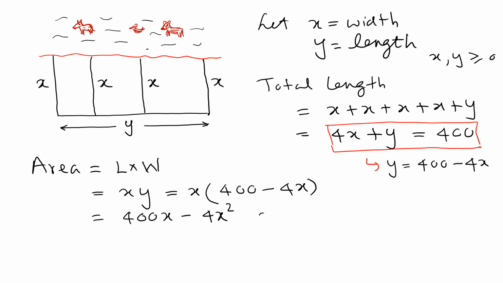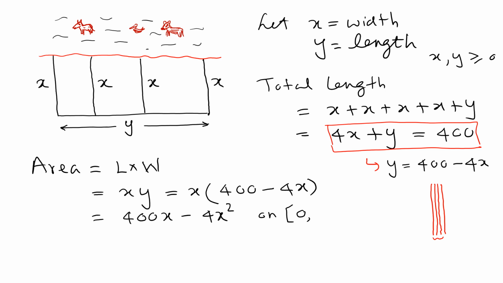What is the smallest value possible for x? Mathematically, 0. What is the largest value? You need to think about that. There are 4 x fences, and when y gets smaller and smaller, in the smallest case the total is 400.